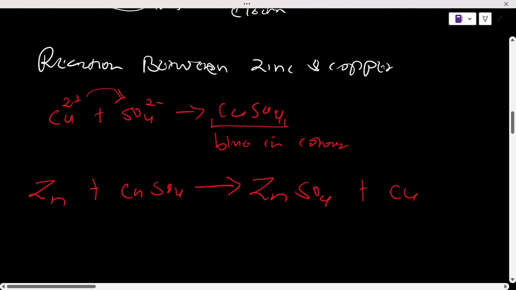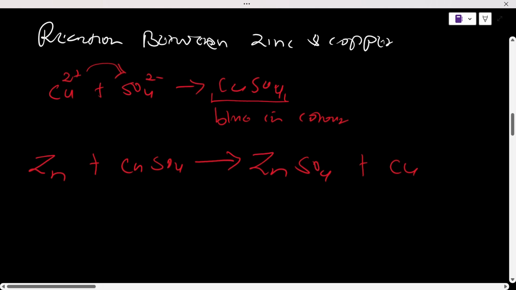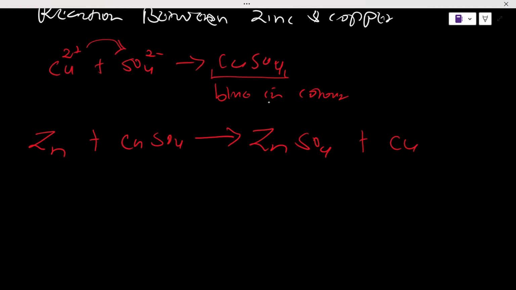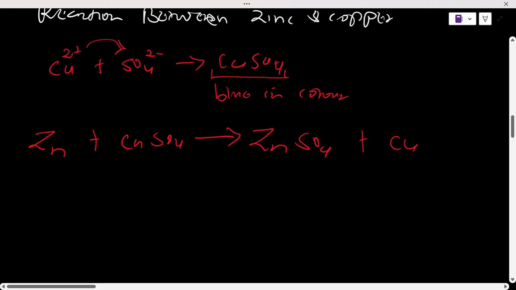But what is happening here? Who has lost the electron? It is zinc that is going to undergo oxidation reaction. So zinc is going to undergo oxidation half reaction, because it is the one donating electrons.